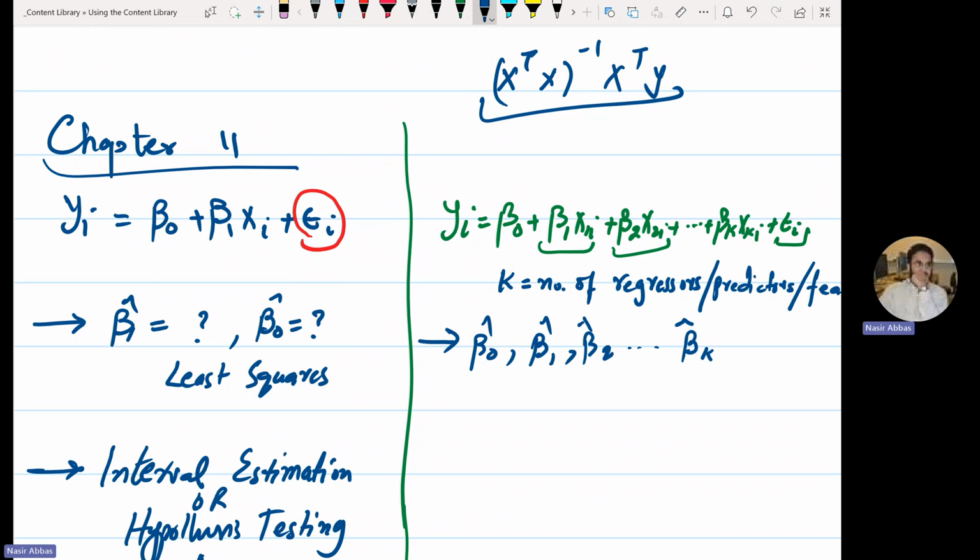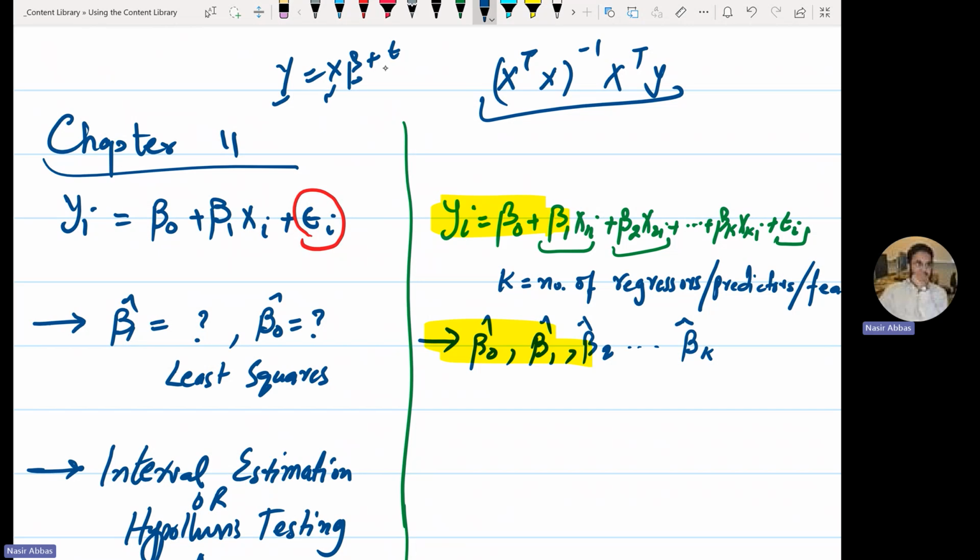So in between, let me highlight this yellow step and this yellow step. There is a big mathematics in between the two. That mathematics is, just for those who are interested, we take this model which is written in the scalar form. We take this model to the vector notation. By taking this model to the vector notation becomes y vector equals X beta plus epsilon.